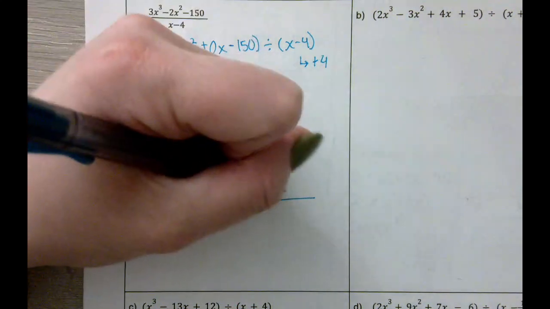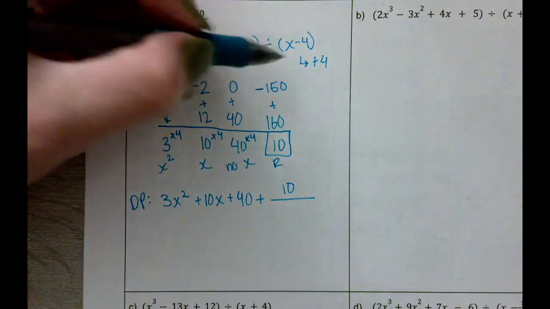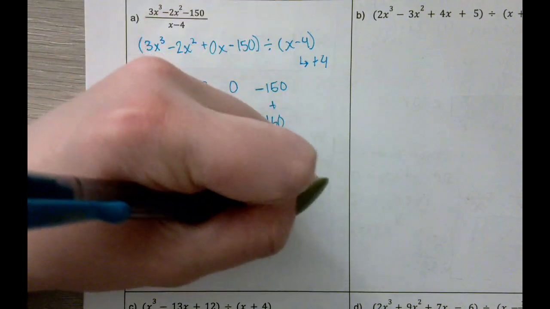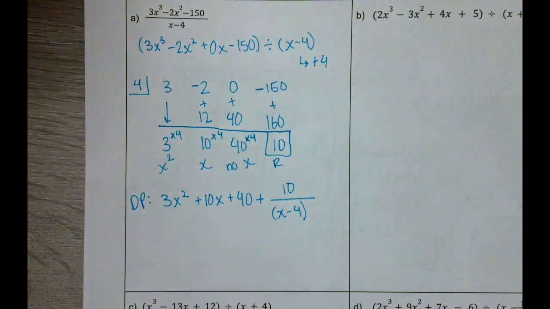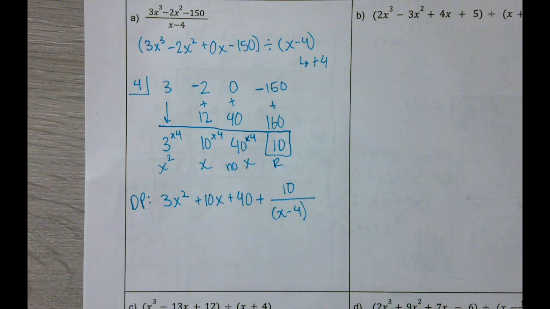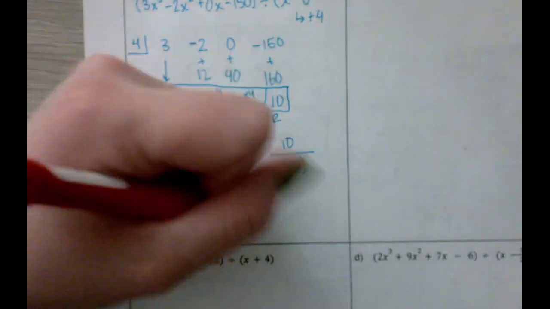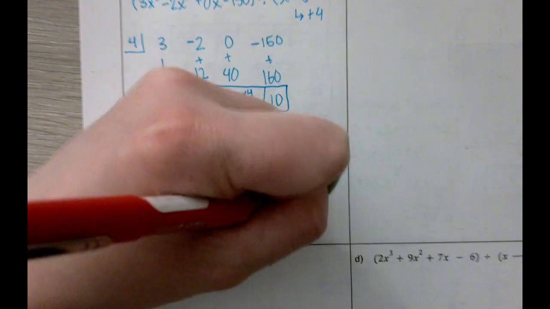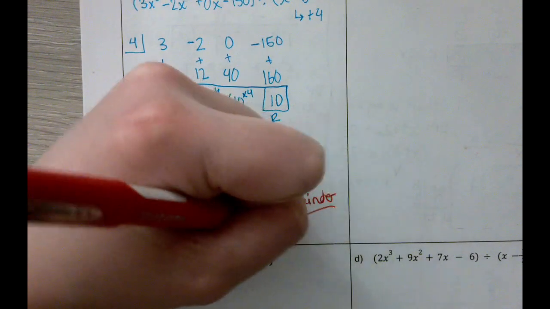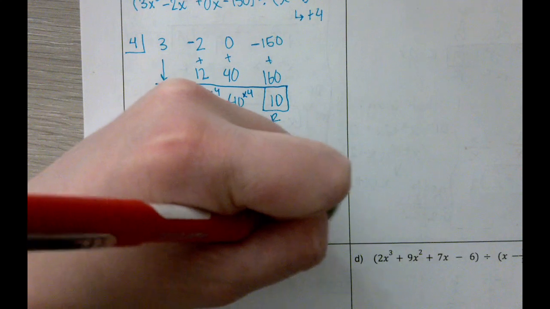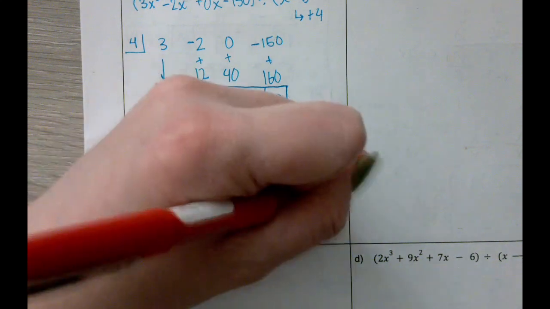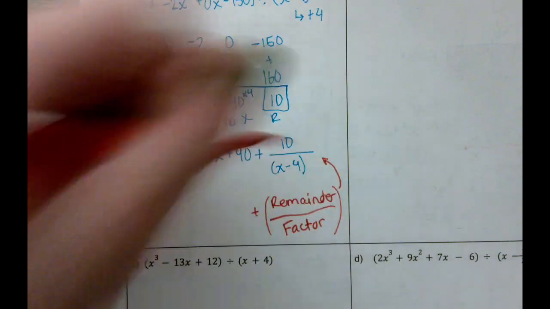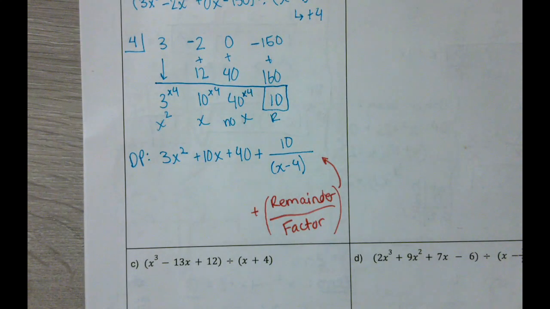It's the remainder, which is 10, over the factor x minus 4. Remember, that is the form that you use there. So this is remainder over factor. That is how you write it.